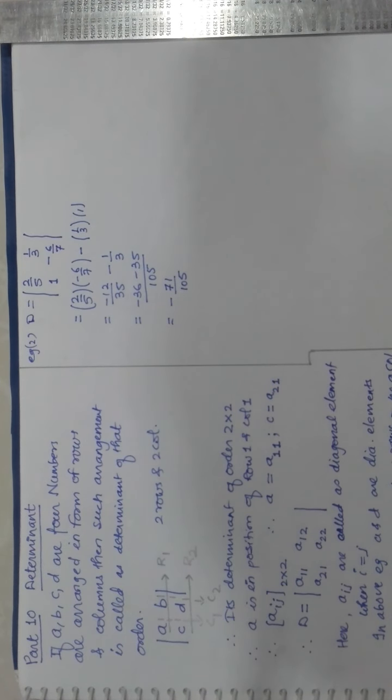This is the value of the determinant. Now I will take one more example so that the idea gets very clear, and then we will proceed to solving equations comprising two variables.